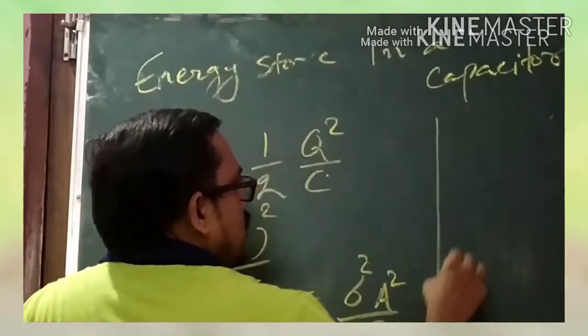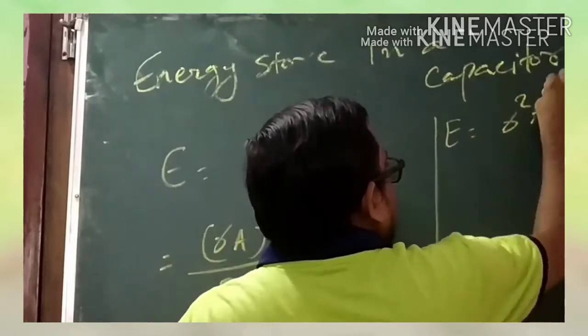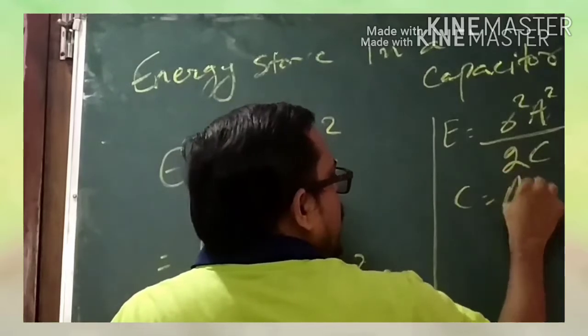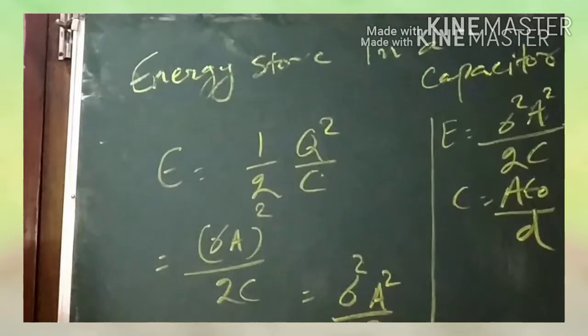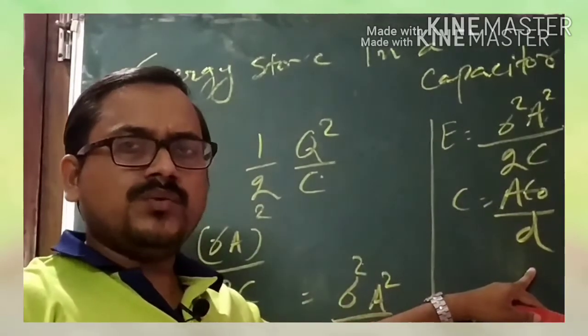Now this energy stored will be equal to sigma square A square by 2C, and C equal to A epsilon 0 by D. For a parallel plate capacitor, we know the capacitance depends upon the area and the distance between the two plates.